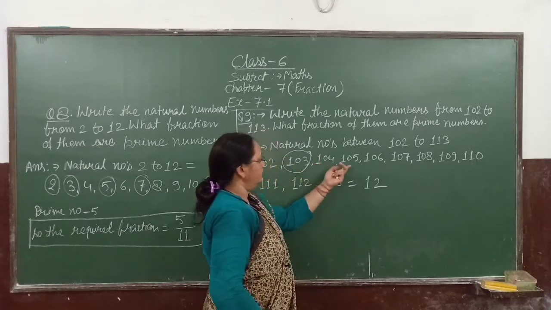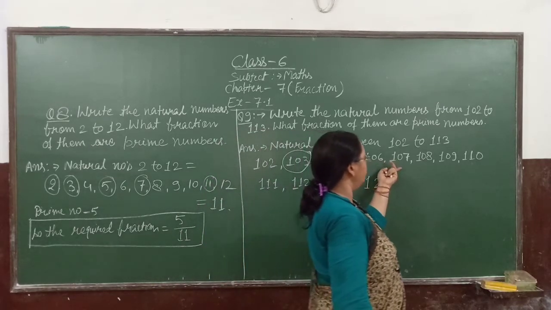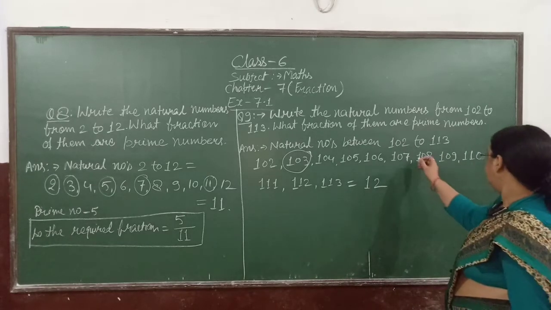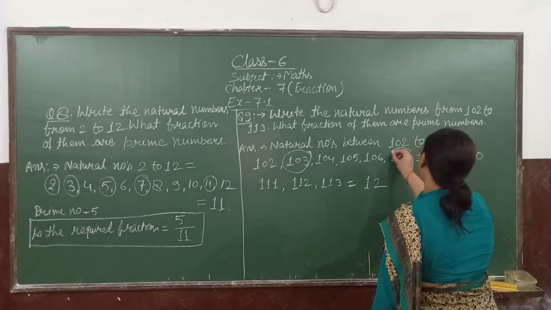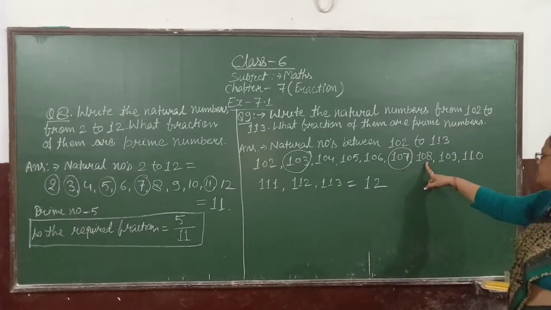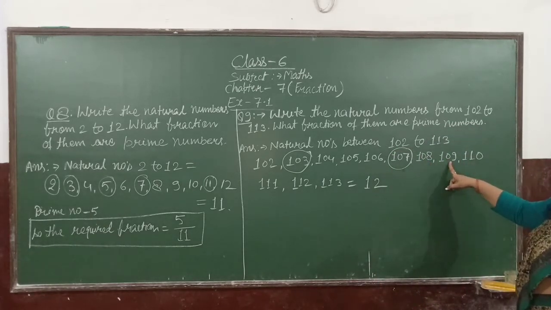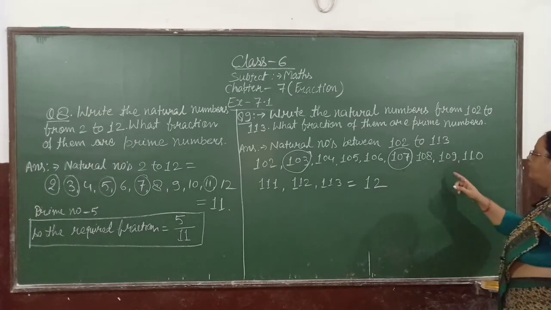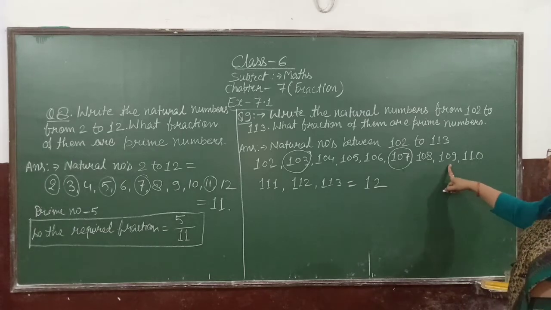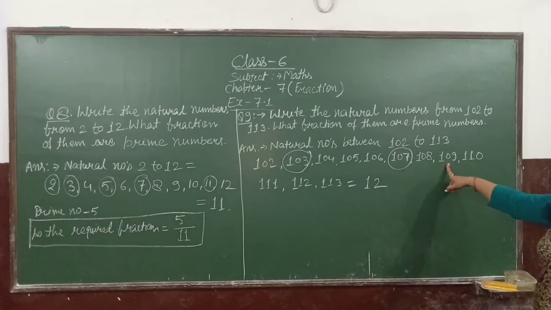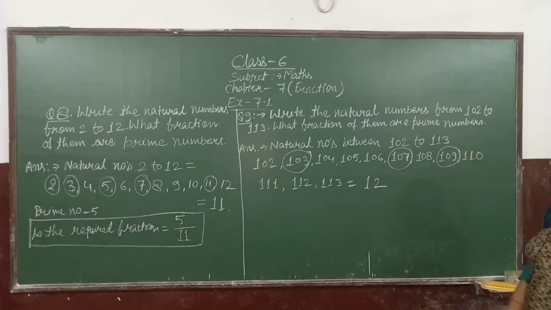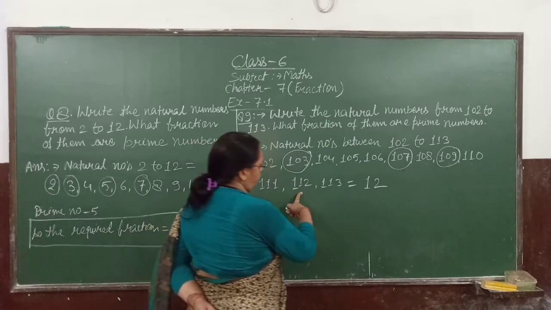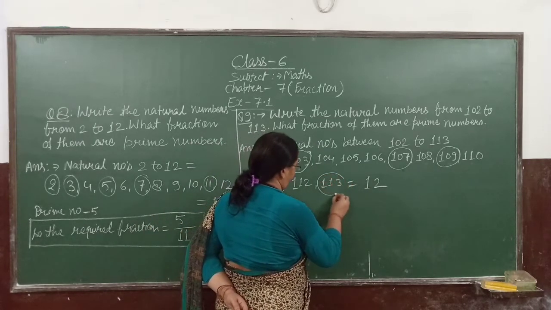This is composite. 107 is your prime number. 108 is composite. 109: is it divisible by 2, 3, 4, 5? No, this is a prime number. 110 is composite, 111 is composite, 112 is composite. 113 is prime.